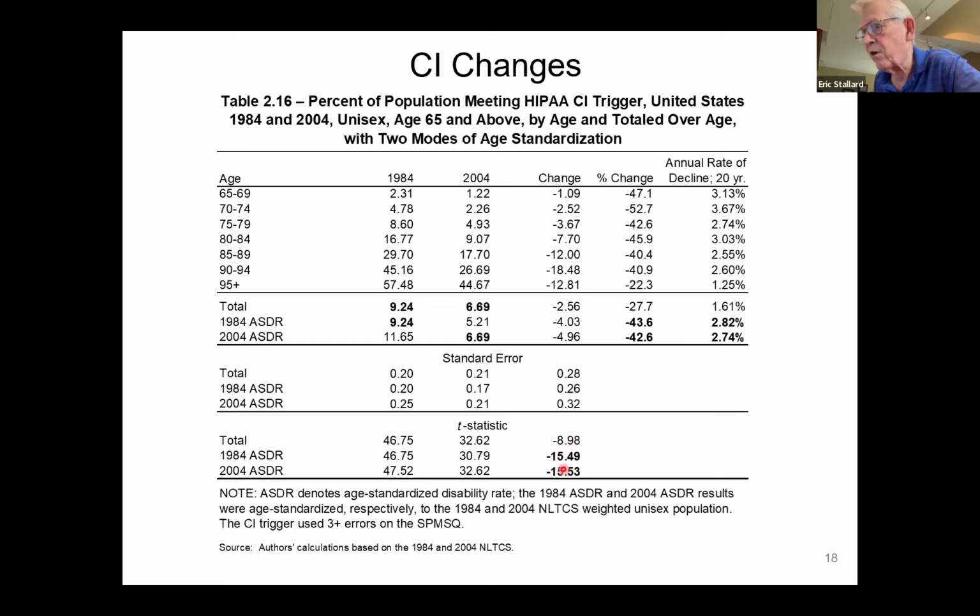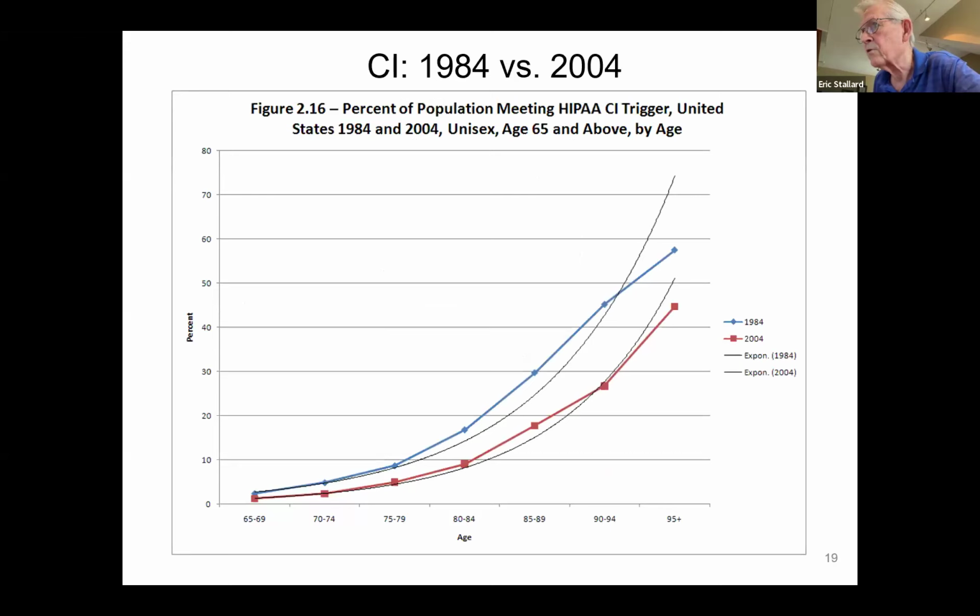The t-tests are very precise. We have good confidence in these results. Here's a unisex graph, and you can see that blue is much higher than red. Blue is 1984, red is the same age group in 2004.